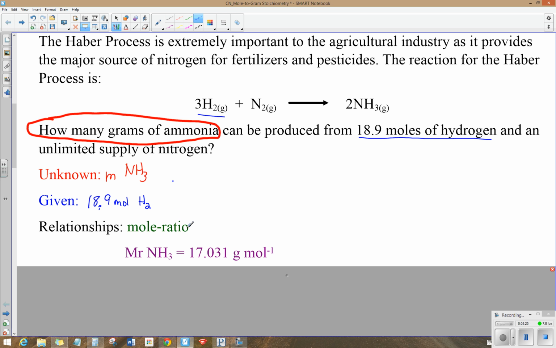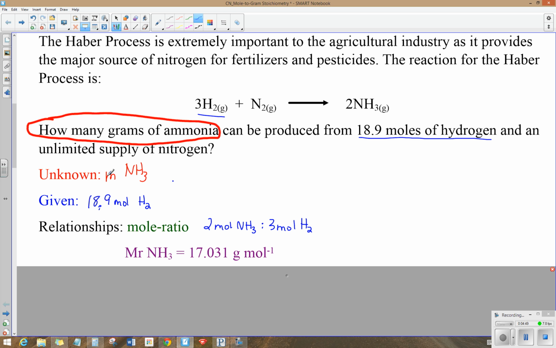Okay, so down here there's 2 relationships we need to know. We need to know the mole ratio and the molar mass of ammonia. The mole ratio, I'm going to look up here. Ammonia is over here, so 2 moles of ammonia is related to our given, which is hydrogen. So up here, 3 moles of hydrogen.